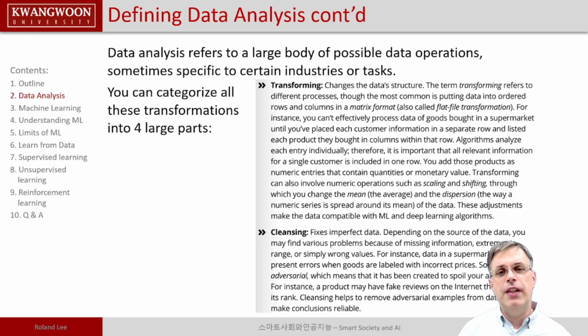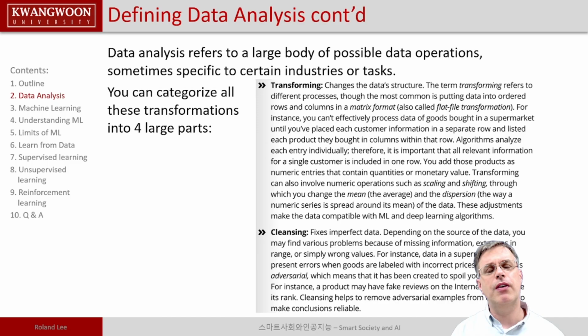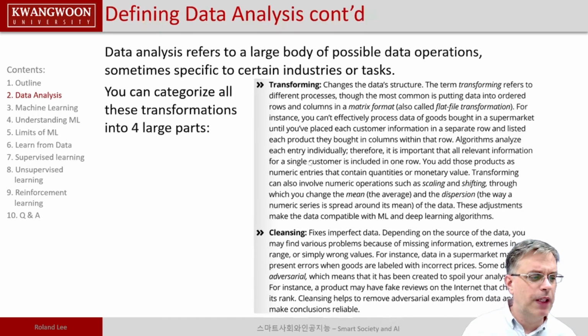So, for instance, the data in a supermarket may present errors when goods are labeled with incorrect prices. And for instance, a product may have fake reviews on the internet that change its ranking as well. Cleansing helps to remove adversarial examples from data and make conclusions also reliable.